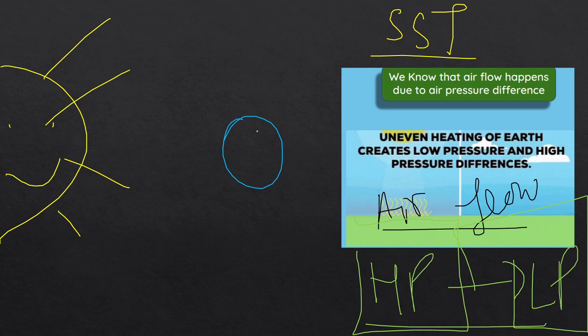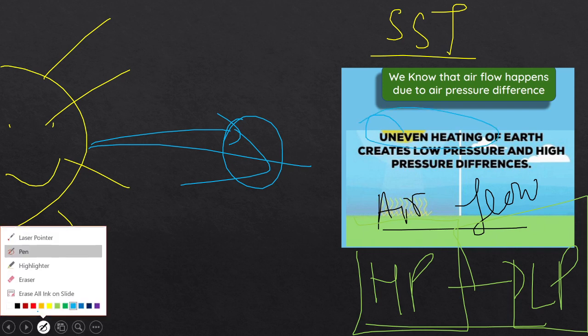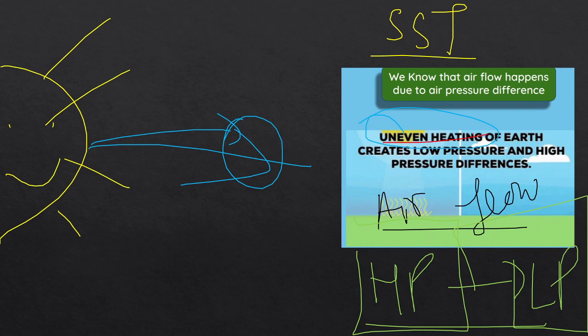So we know that it is bulged at the center and flattened at the ends. So at the equator, the direct rays of the sun are going to fall, whereas poles are going to receive indirect rays from the sun, and this causes uneven heating. This is the reason for uneven heating, which creates low pressure and high pressure differences.